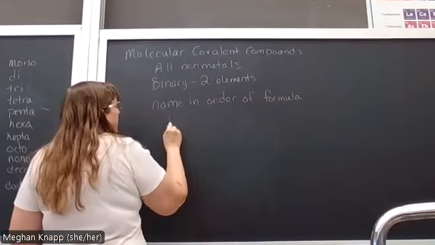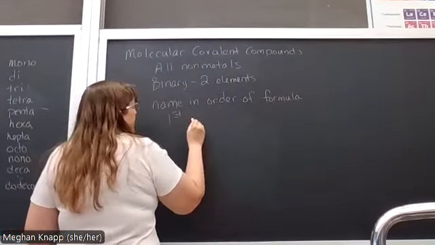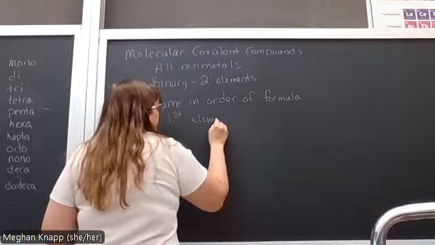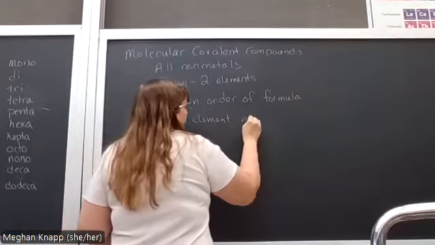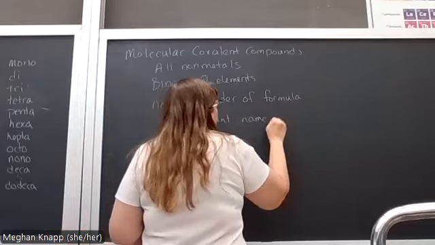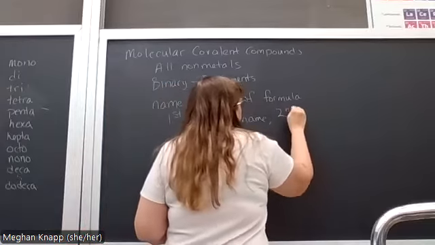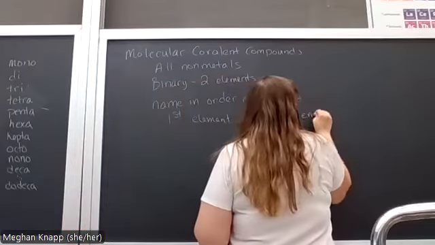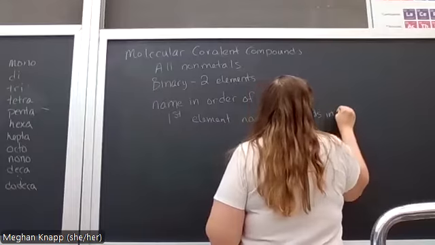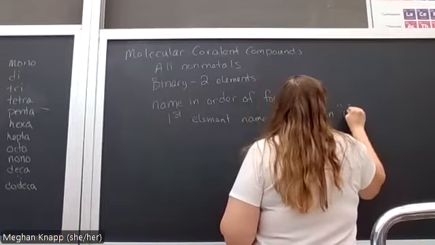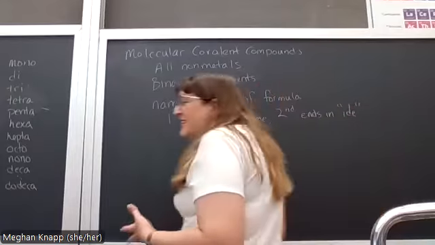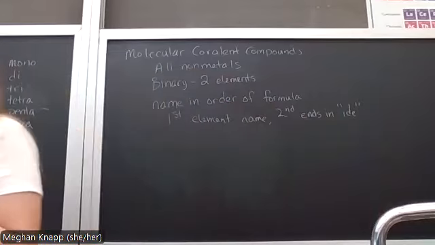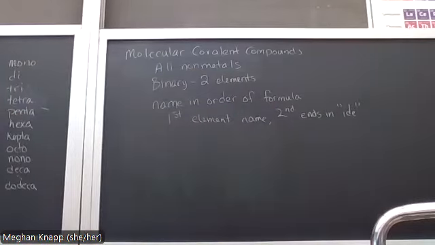First is element name. Second ends in I. But we can't just leave it at that, because remember we briefly talked about the law of multiple proportions, which said I can take two elements and combine them in lots of different ways.